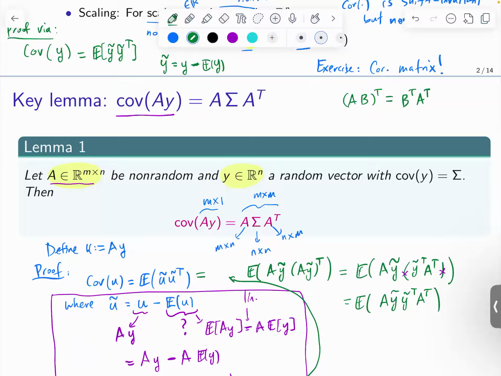So what is the natural way to do it? The natural way is to put it here. This is like a middle matrix, so I get A times this middle matrix times the transpose. And that middle matrix is random. Does anyone remember an identity that we can use here?